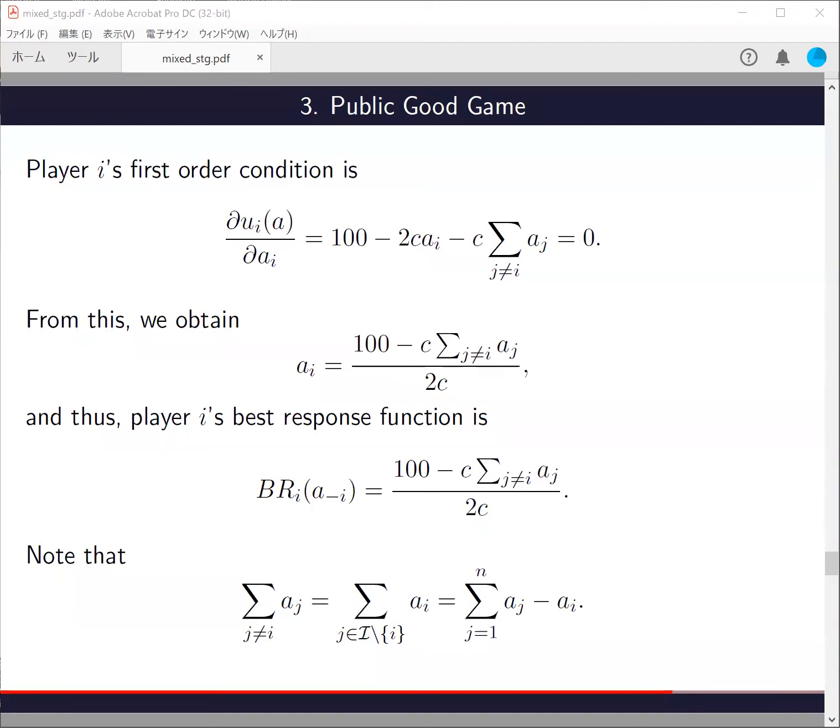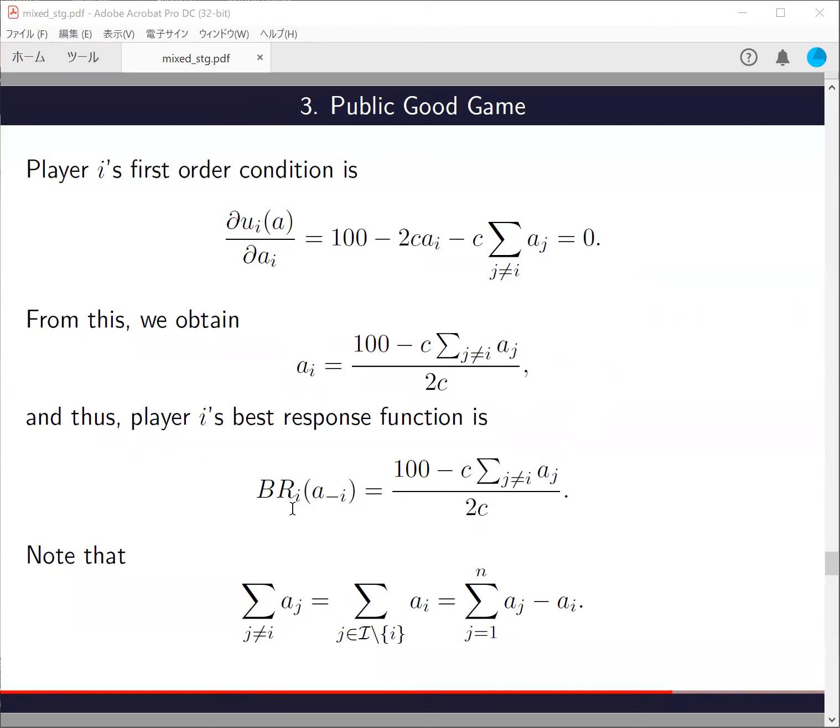In order to obtain the best response of player i in this game, we take the first order condition with respect to the contribution amount a_i and set it equal to 0. Then we express a_i as a function of the opponent's contribution amount to get the best response function of player i.